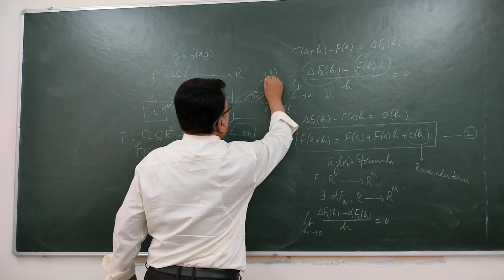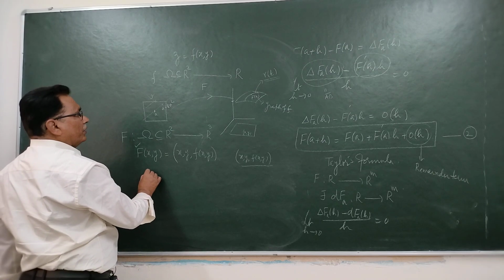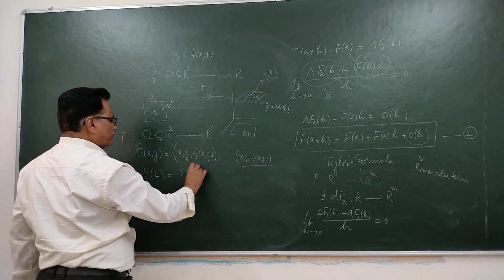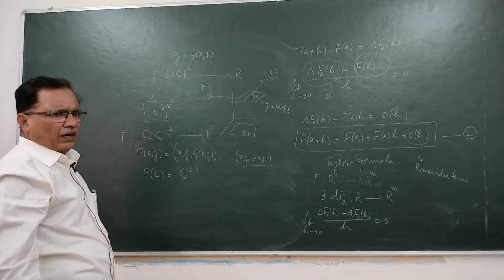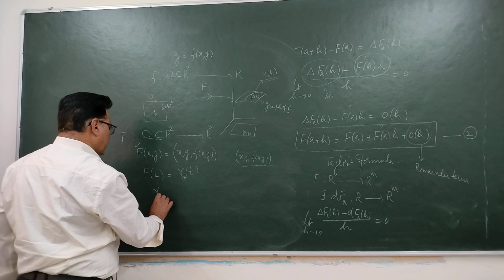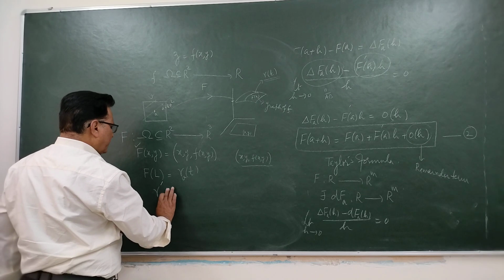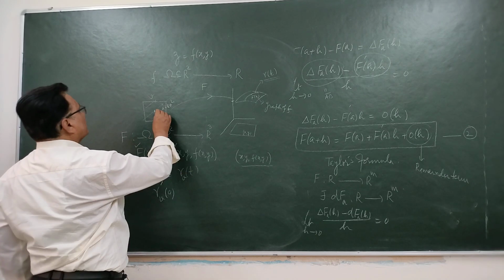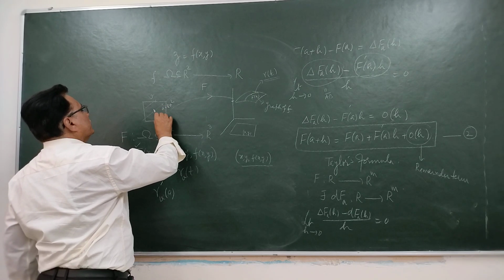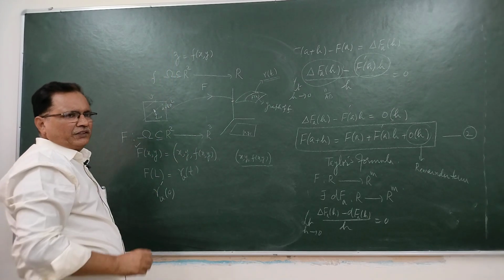Now let me think of the derivative of gamma at the point A. So I am denoting F of L as the curve gamma(t), or to be more specific, gamma_v(t). Now I will first find the derivative gamma dash at the point A, or t equal to 0. Let me suppose this point A corresponds to t equal to 0. You go on increasing the values of t, you will go on getting different points of the line.